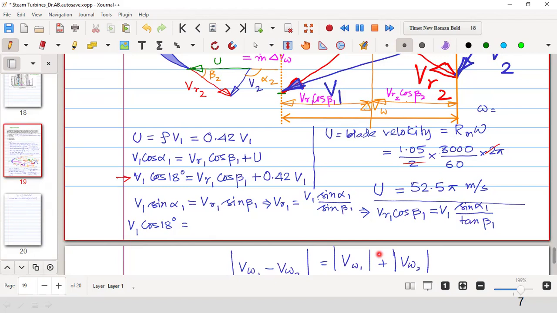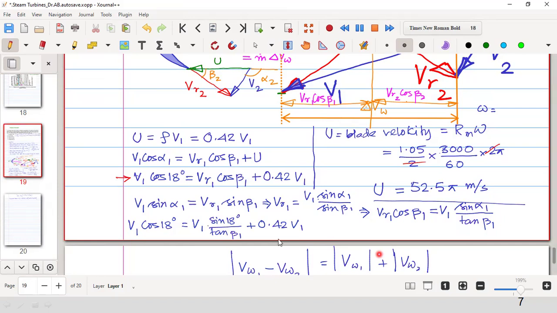Right. So here alpha 1 is basically 18 degree. So here therefore VR1 cos beta 1 is equal to V1 sin 18 degree divided by tan beta 1 plus 0.42 V1.